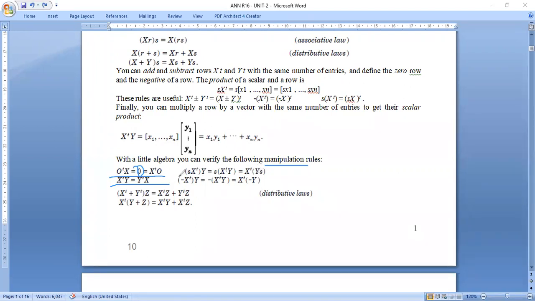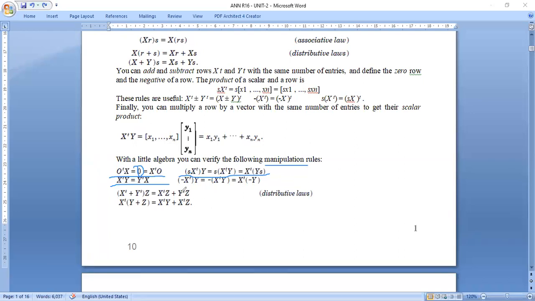All three are the same. If you take the values and calculate, you will get the same result for these three.